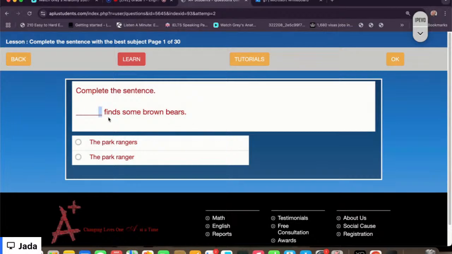All right, so since the verb is finds with S, then the subject will be just one. So the park ranger finds some brown bears.